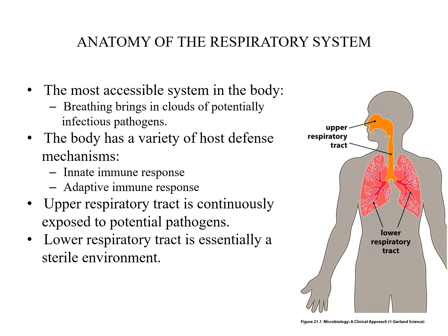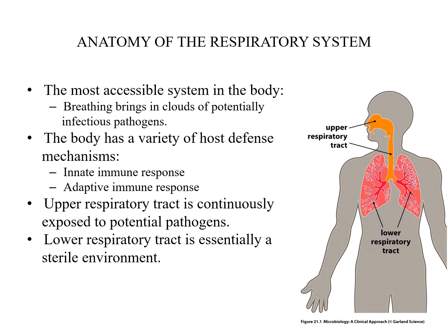The upper respiratory tract is continuously exposed to potential pathogens. What are the defense mechanisms that we have in the upper respiratory tract? We have the nasal hair, and we have the mucus within the upper respiratory tract, which can trap the pathogens.